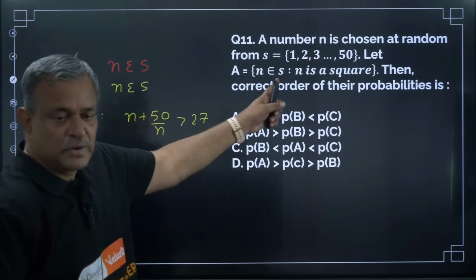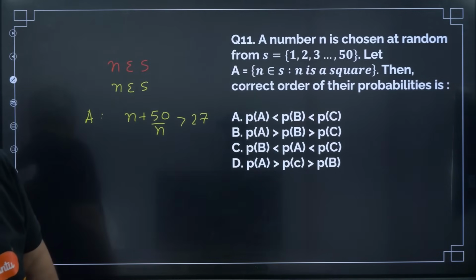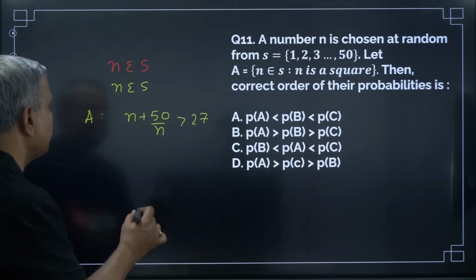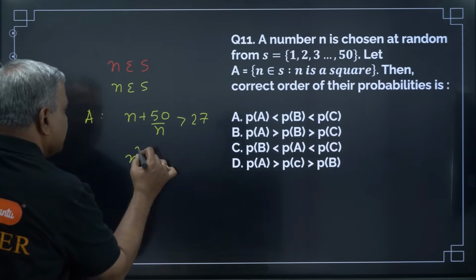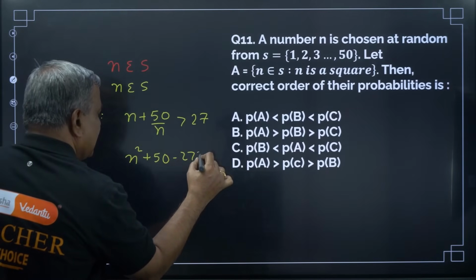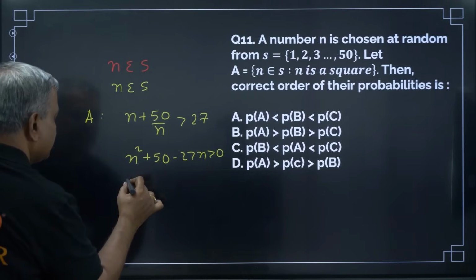Okay, you have to take the values from 1 to 50. So what happens? The values will be 26, 27, 28, all this thing will come. How will it solve? N square plus 50 minus 27n is greater than 0. Okay, so what are the factors now?